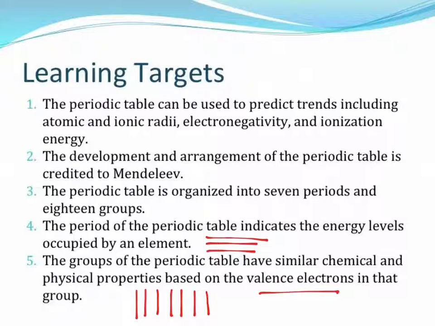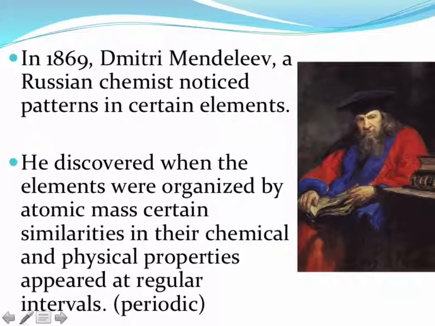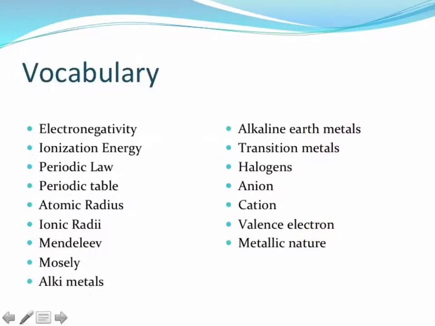And I think I hit a slide that has that on there. So vocabulary, words you're going to hear me say, that should be alkali metals. These are basically our families that we're going to be looking at.